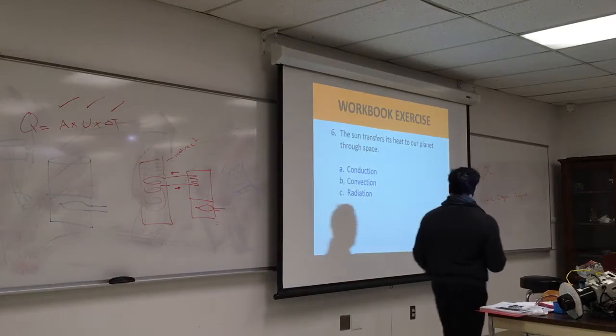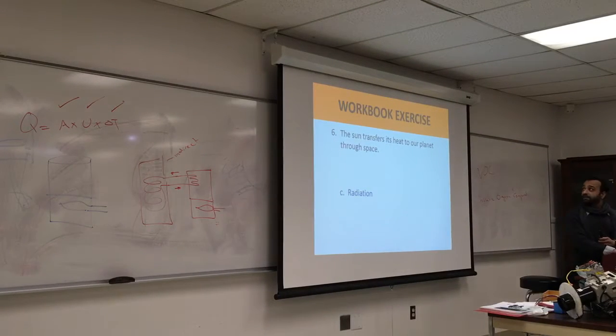On a cloudless night, the heat escapes from the planet and goes into space. Why is it characteristic, cloudless? I think it's trying to confuse you. It's radiation. Space is empty.